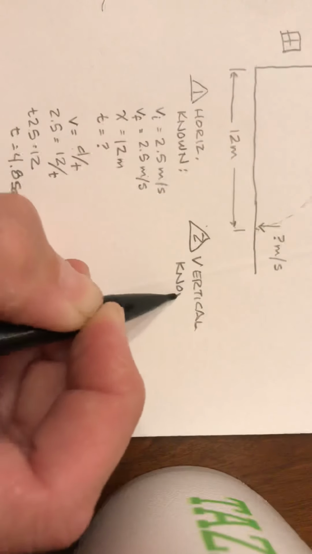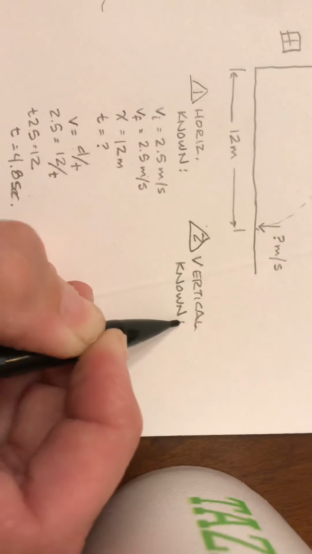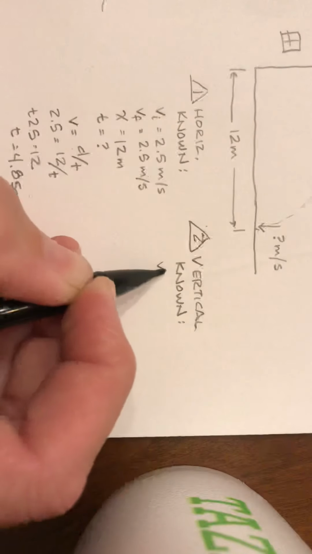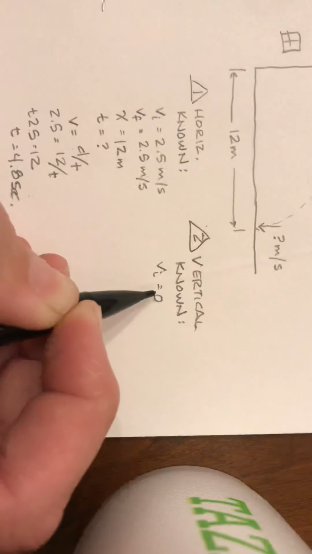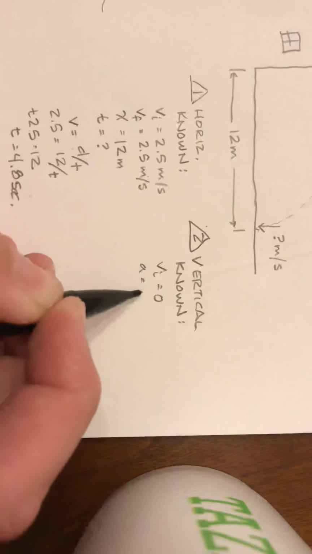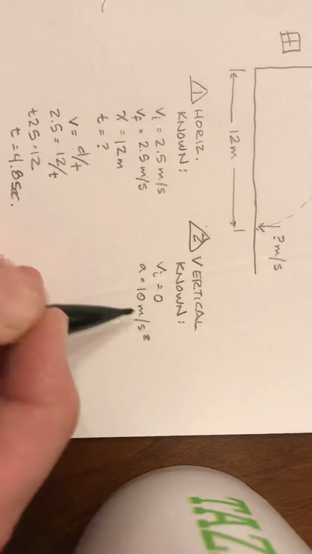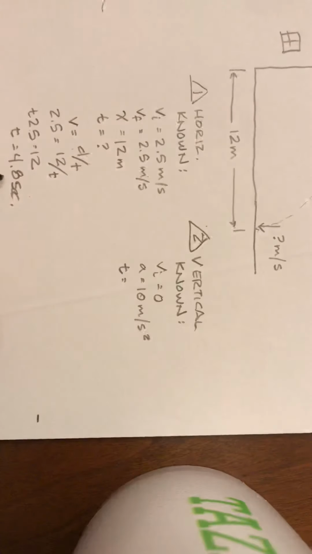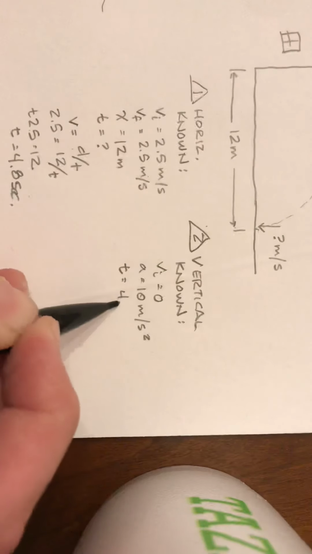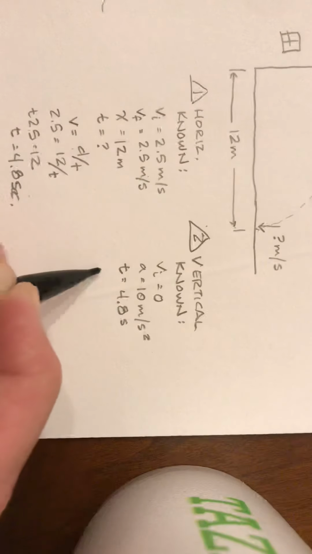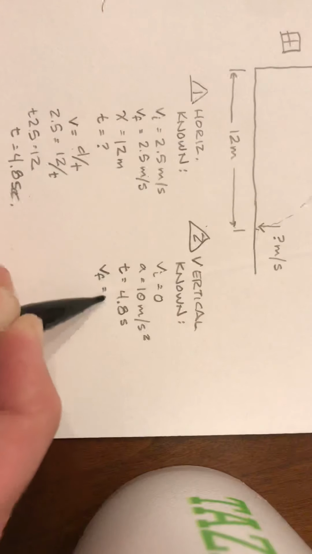What do we know? In the vertical direction, we know that our initial velocity is 0. We know that our acceleration is, we're going to say 10 meters per second squared because that's quicker. We know that our time, which we figured out down here, is 4.8 seconds. And we're looking for our final velocity.